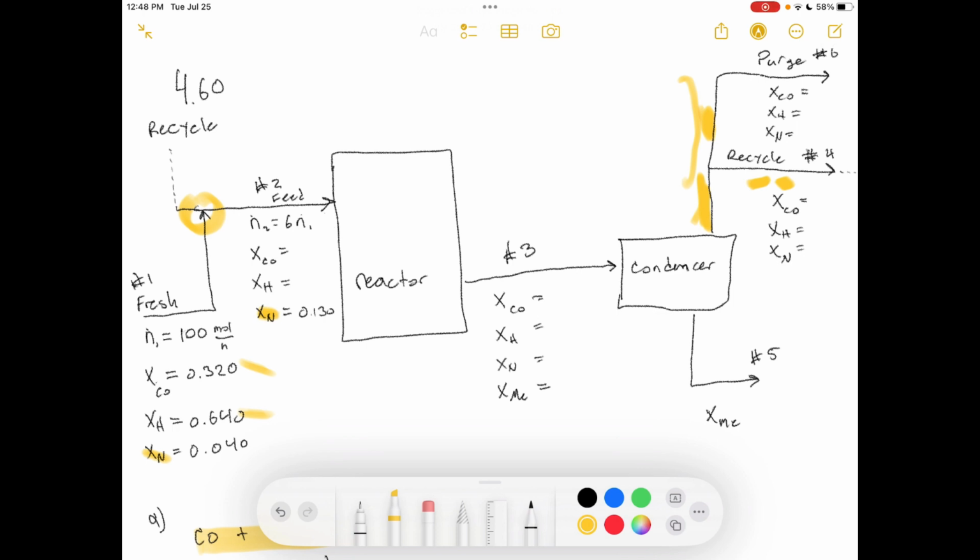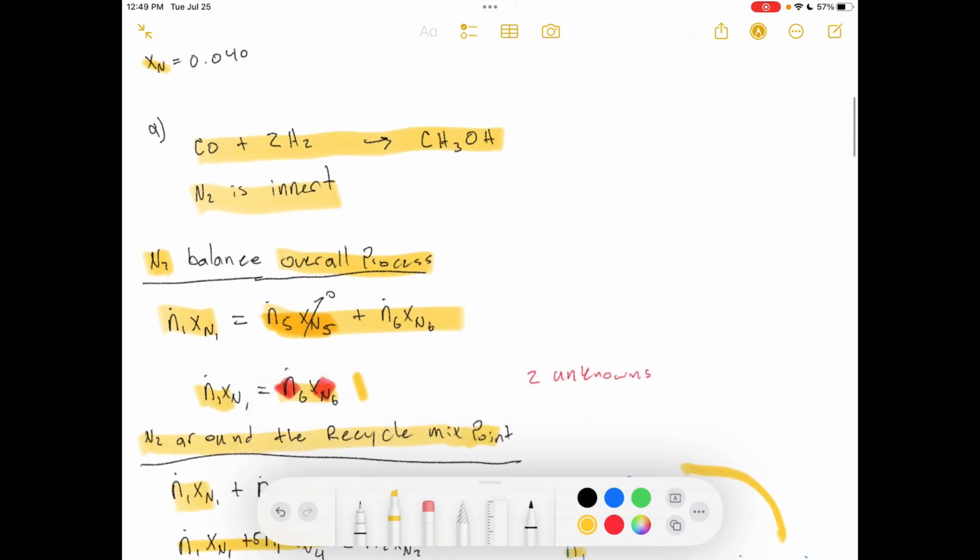So N sub 4 and N sub 6, their flow rates are going to be different, but they're going to have the same composition because they're not going through some sort of process, or being condensed or reacted or anything. It's just a valve and you're splitting it, right? So some goes one way, some goes the other way. All right, so same concentrations.